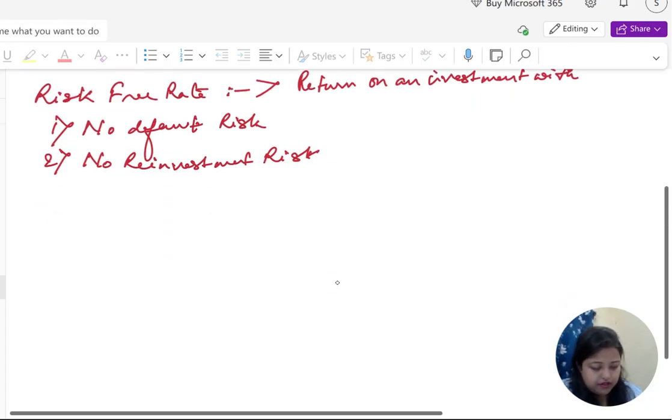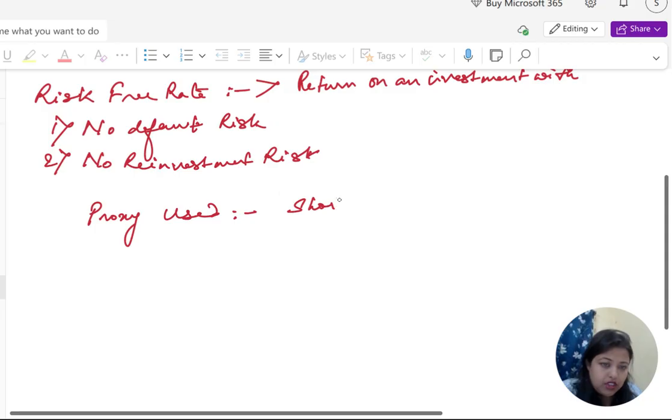Financial models typically use short-term government securities issued by the US Department of Treasury.